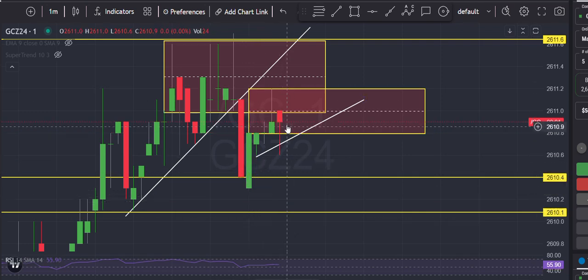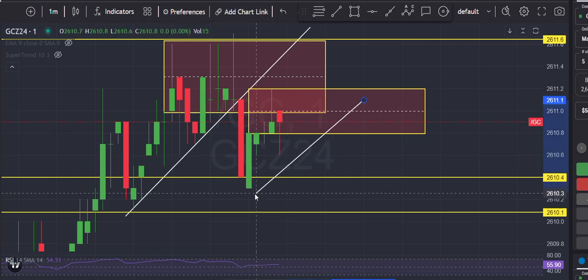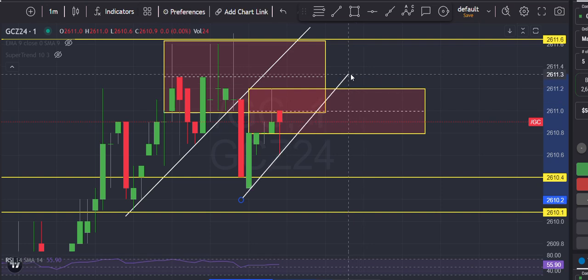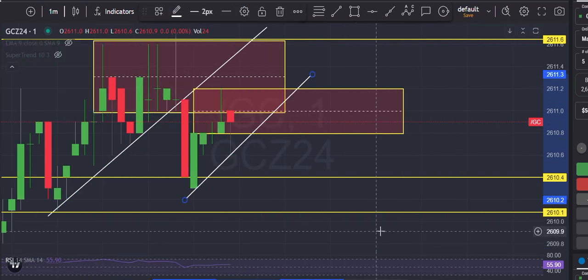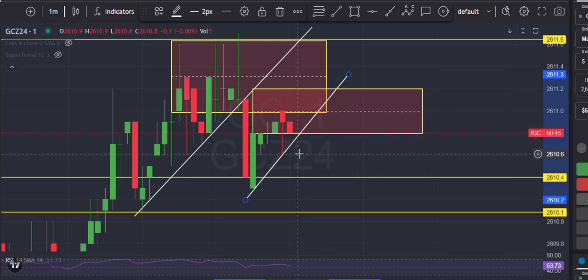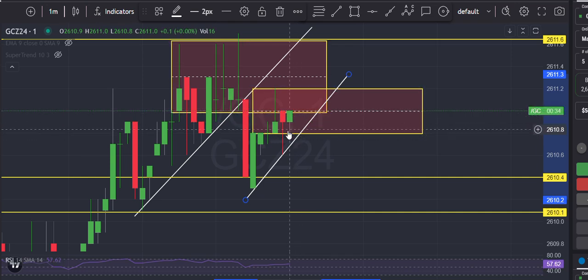I could have done it this way too. You know, let me do it the right way. All right, that looks better. So now we have a nice, strong, bearish area that may or may not get violated.